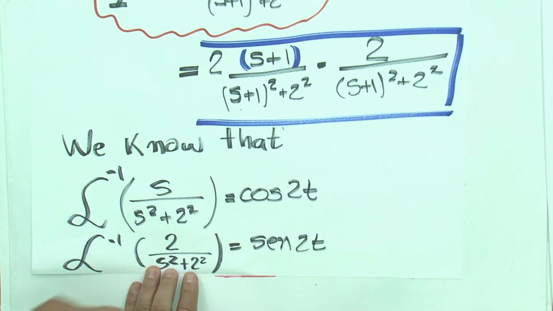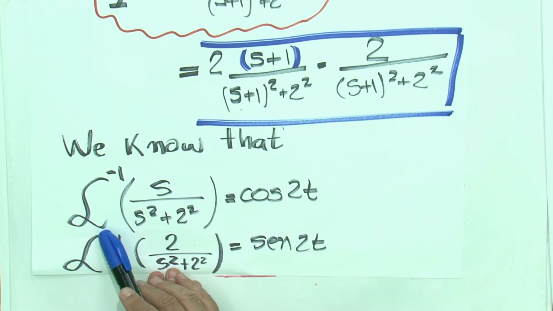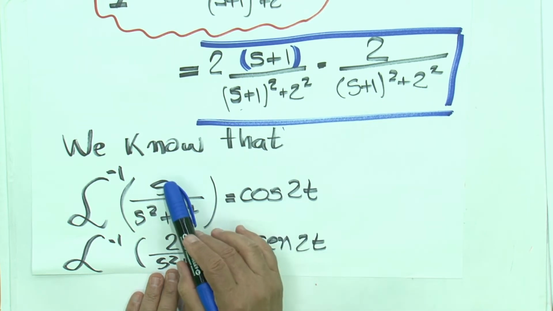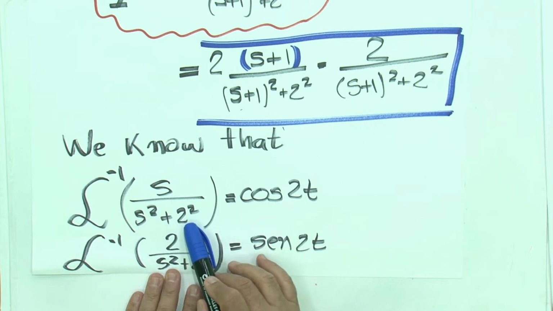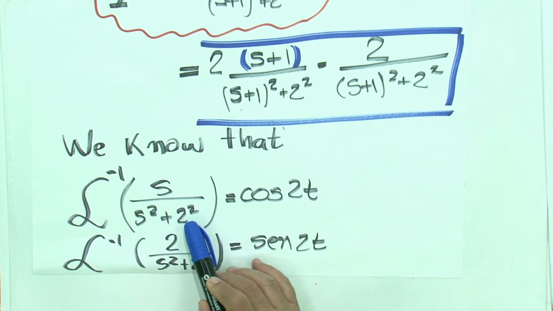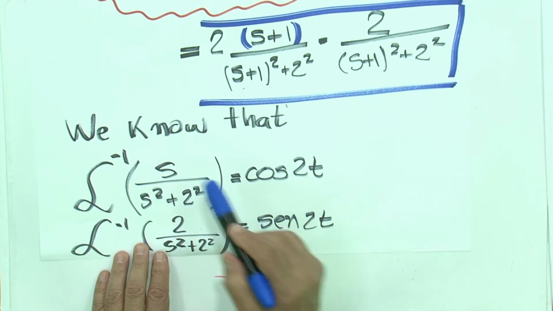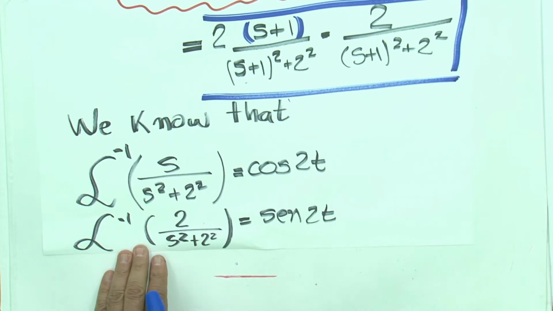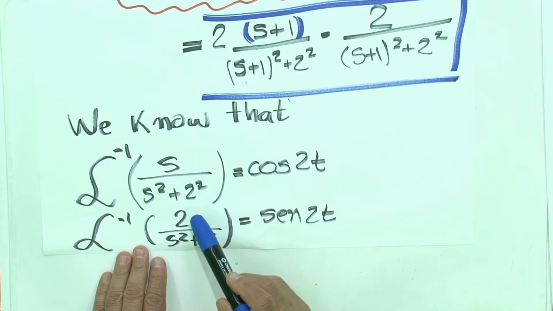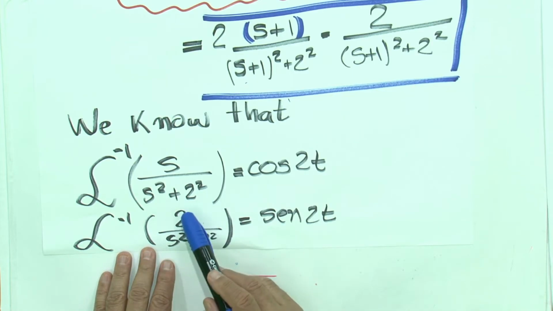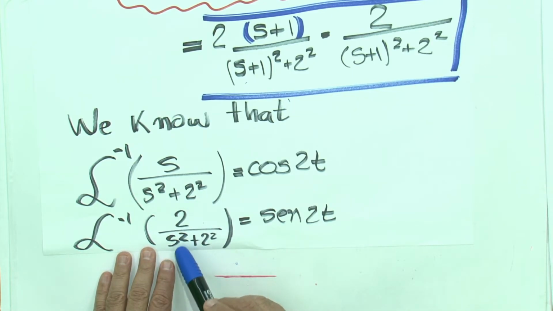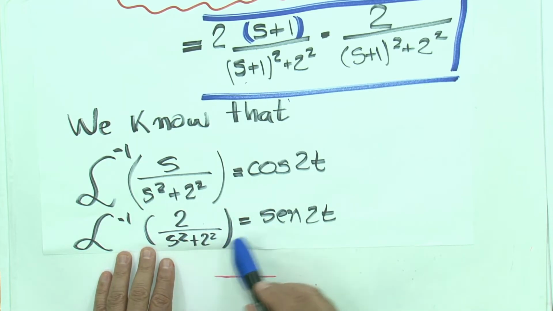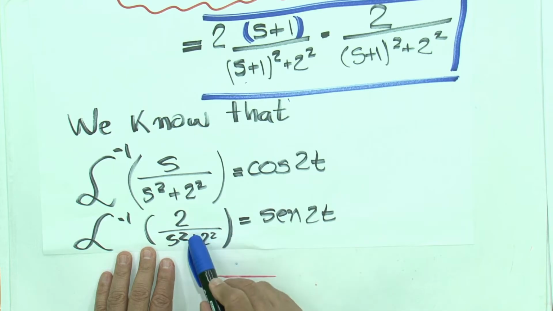I'm just copying from my table that the Laplace transform of cosine of 2t is equal to s divided by s squared plus 2 squared. And I know that, so the inverse Laplace of this is the cosine, okay? And I know also that when I don't have the s, I have only 2 divided by s squared plus 2 squared, the Laplace transform of sine of 2t is this.